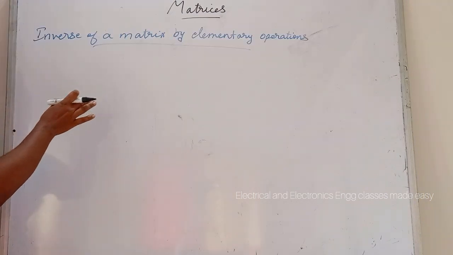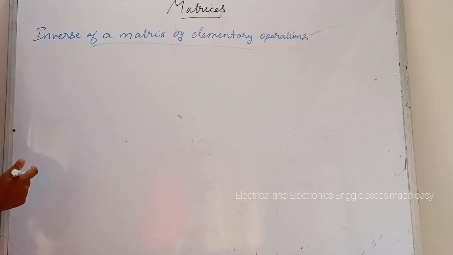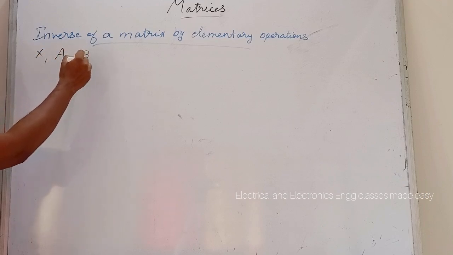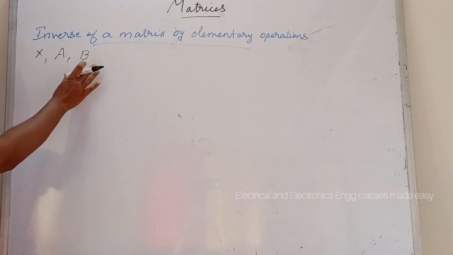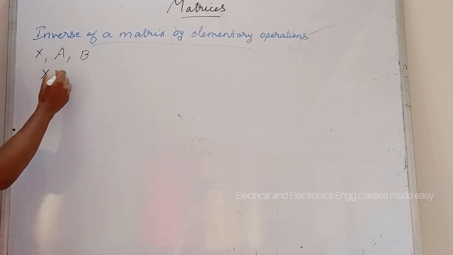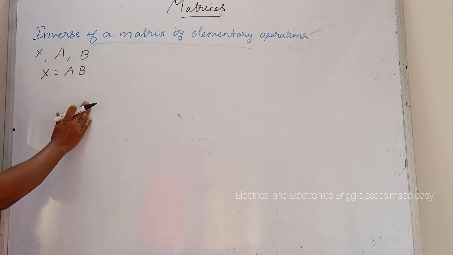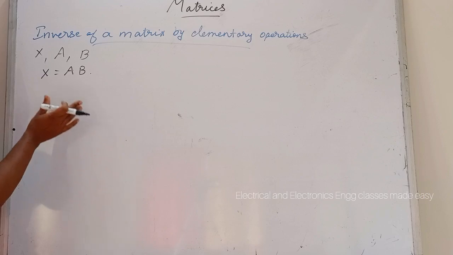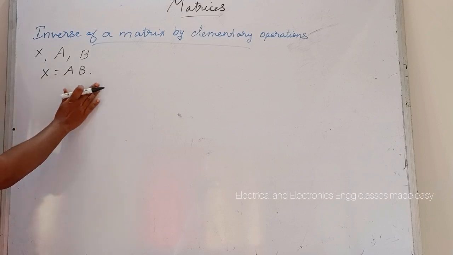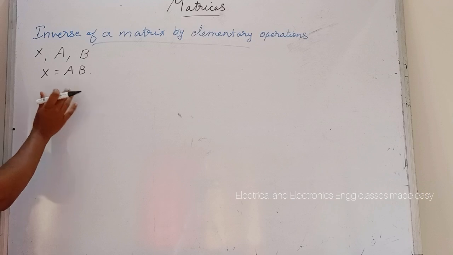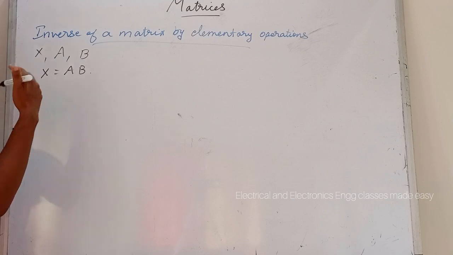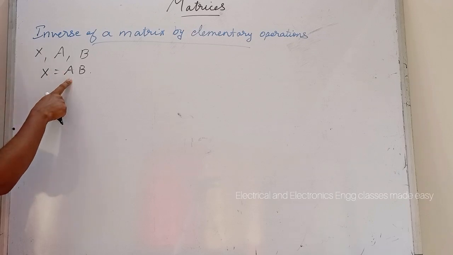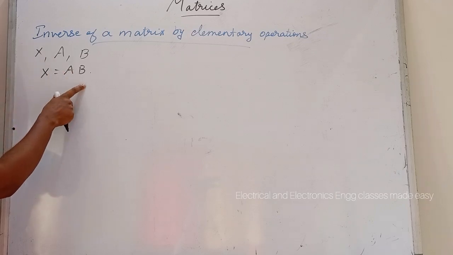Next is inverse of a matrix by elementary operations. So let X, A and B be the matrices of the same order such that X is equal to A into B. So in order to apply a sequence of elementary row operations on this matrix equation X equal to A into B, we will apply these row operations simultaneously on X and on the first matrix A of the product AB.